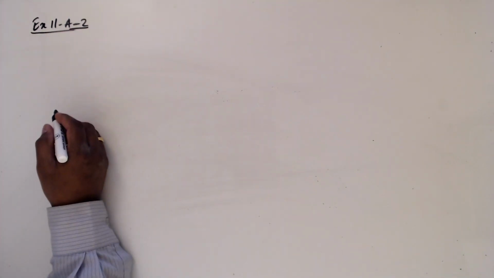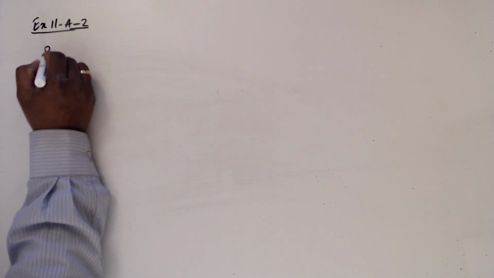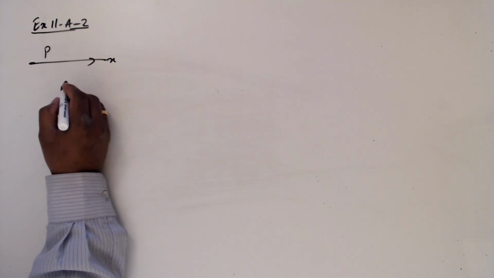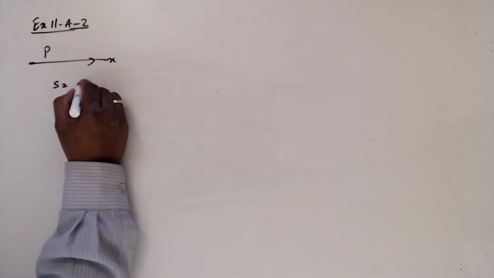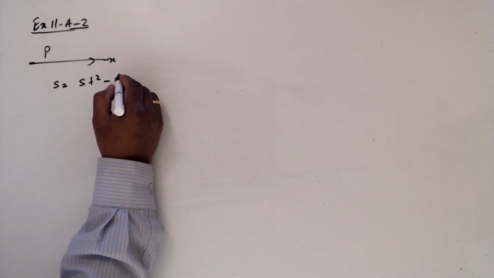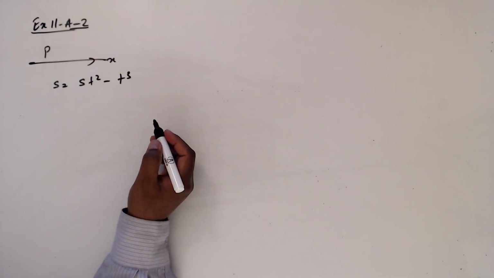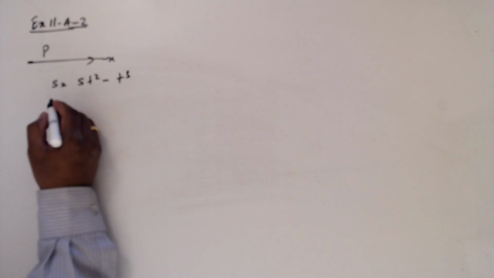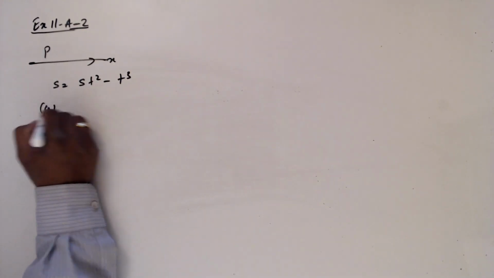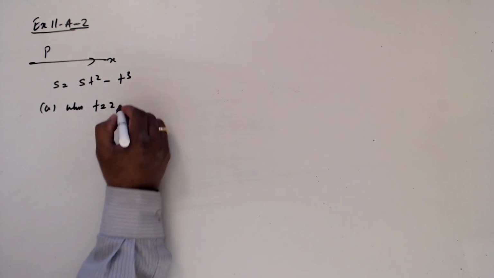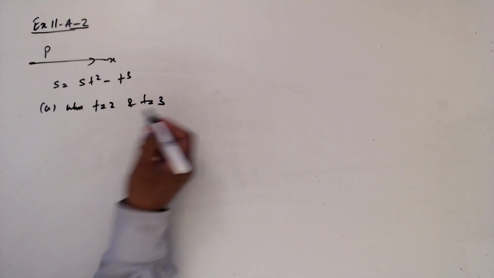Question number 2. A particle P moves on the x-axis. S is equal to 5T squared minus T cubed, as usual. We have to find the displacement when T equals 2 and T equals 3.